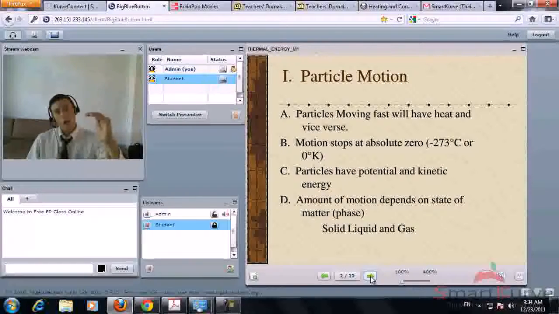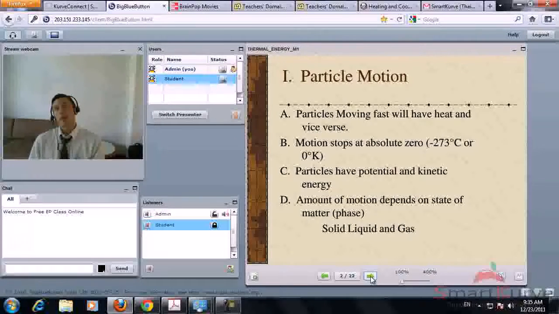And as that water gets colder, the water molecules will move slower and slower. So when matter is hot, the particles, the molecules, move very quickly, and when matter is cold, the particles move very slowly.